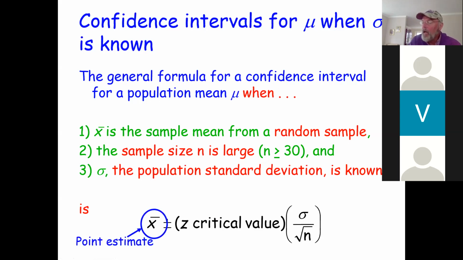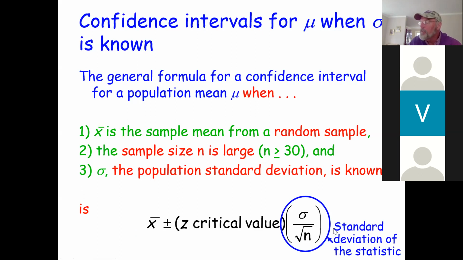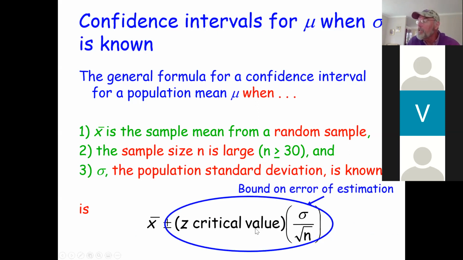So that's the point estimate. Here is the standard deviation of the distribution. This term right here is the standard error. And then this here is the margin of error. This product with the z-score and the standard error turns into the margin of error.